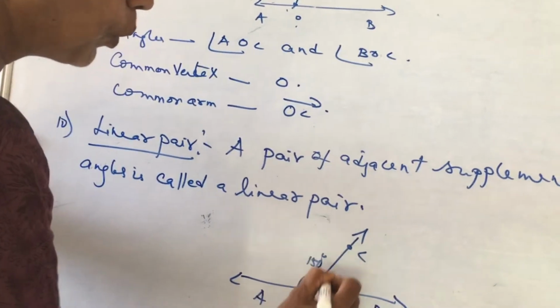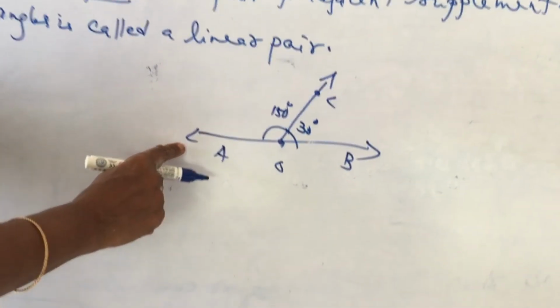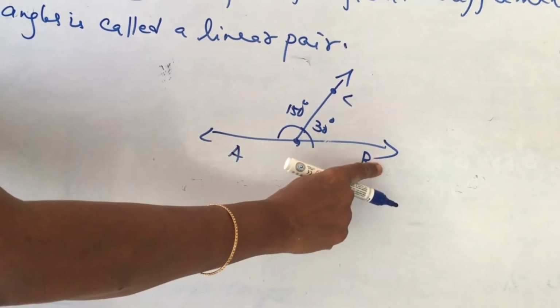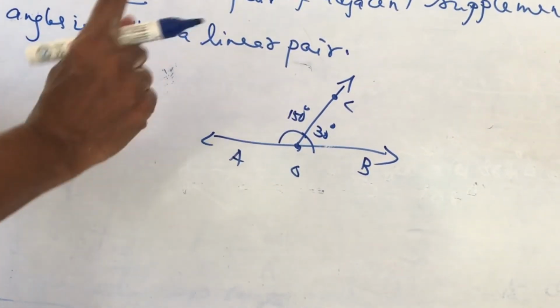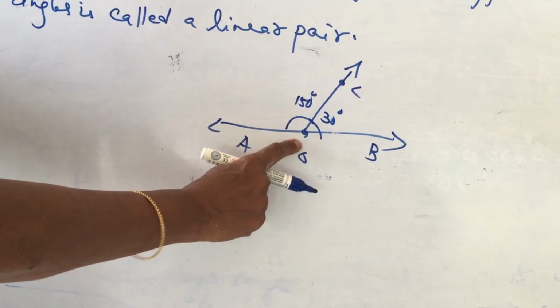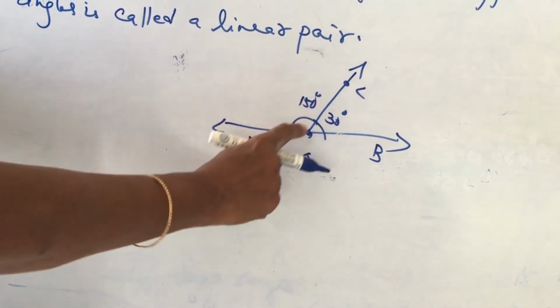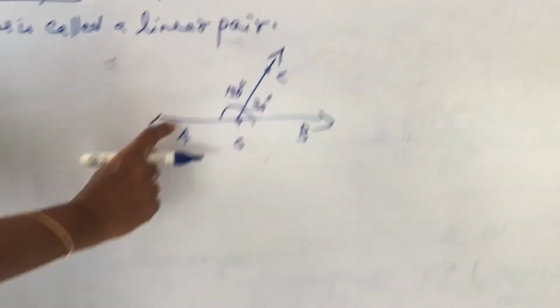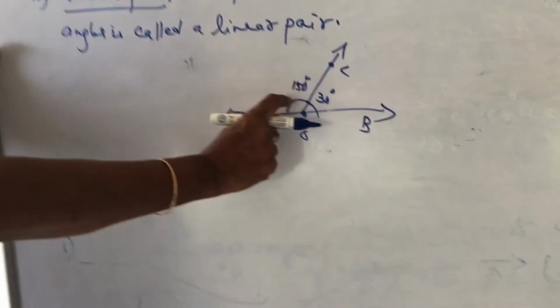Are you following? Are they adjacent? Angle AOC, angle BOC are adjacent. They have a common vertex O and a common arm OC. The sum of the two angles is how much, children? 180.